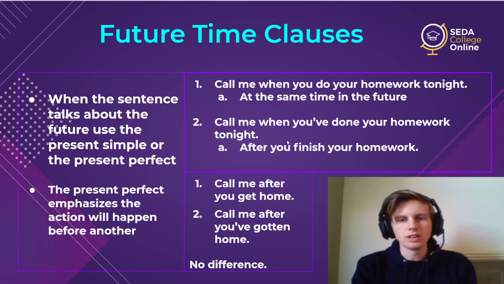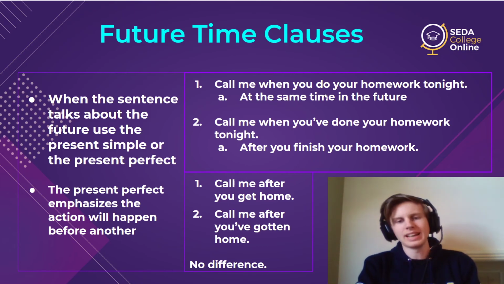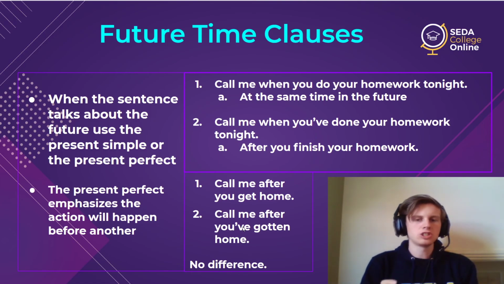And if you want to be a little more advanced, you can try to work with this idea that the present perfect shows one, then the other, whereas the present simple shows at the same time. But as I said, many times it doesn't even matter. So this is a very small grammar idea. I say focus on this right here.